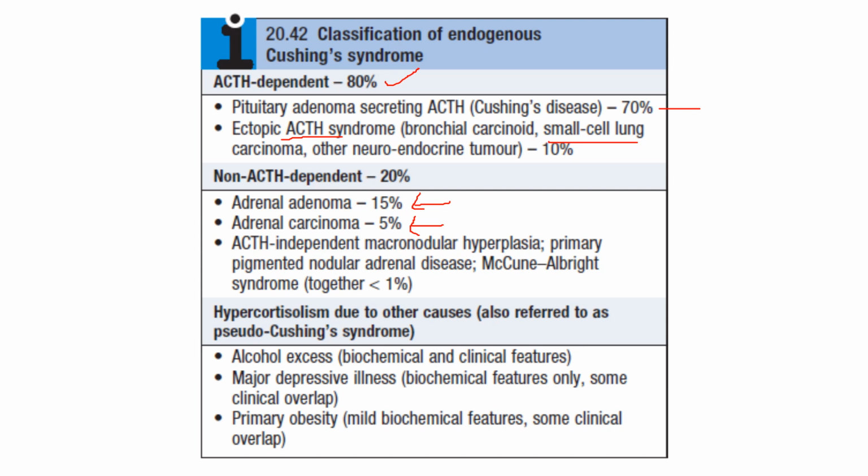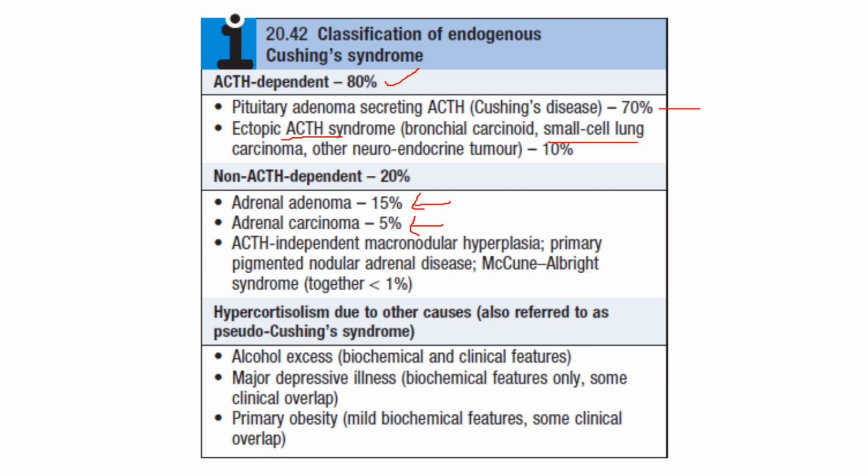So for non-ACTH dependent, you need to think about the adrenal source. Either it can be adenoma or it can be adrenal carcinoma. Adrenal carcinoma is something which is difficult to identify. Close slices may miss it, and with the advent of PET CT scan, we are able to identify malignancies which were thought to be really occult or unknown primary.